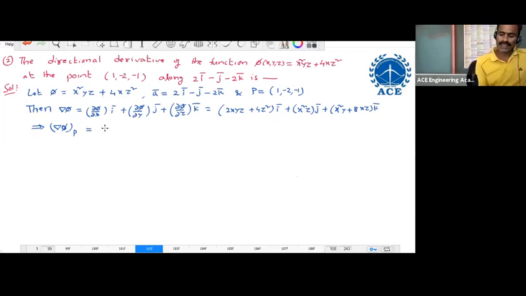Now substitute x equal to 1, y equal to -2, z equal to -1 and write the value: 8 i bar minus j bar minus 10 k bar.